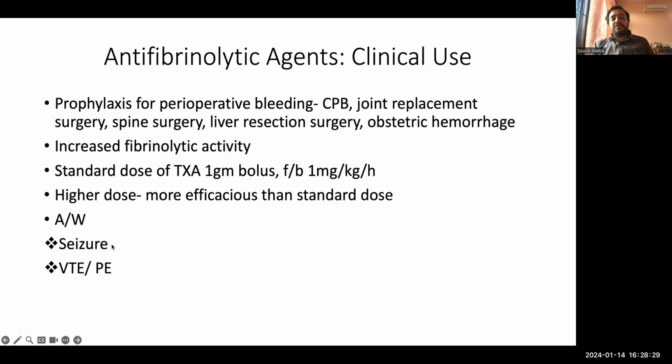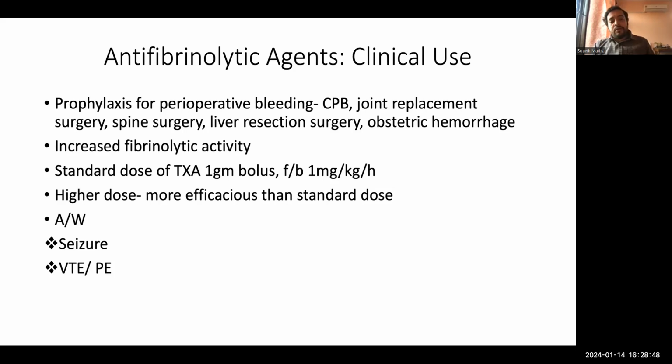Now the adverse effects. The most important adverse effect of this lysine analog is seizure. The risk of seizure is significantly increased in patients with renal dysfunction. Whether the risk of venous thromboembolism and pulmonary embolism is increased with the use of antifibrinolytic agents is debatable.